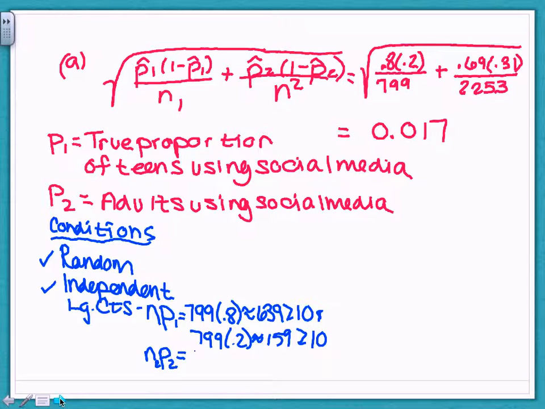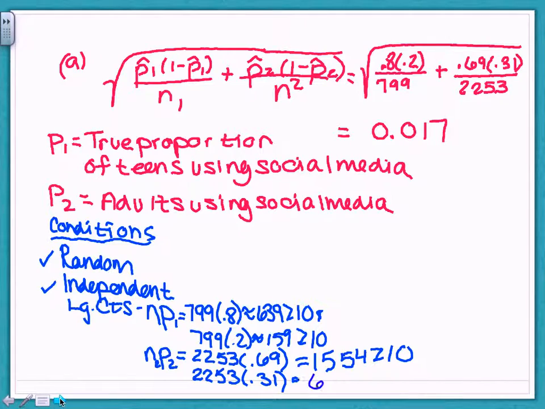So that was 2,253 adults. We're expecting 69% success, so that's 1,554, which is greater than or equal to 10. Then that would bring us to our fails: 2,253 times 0.31 would be 698, which is also greater than or equal to 10.